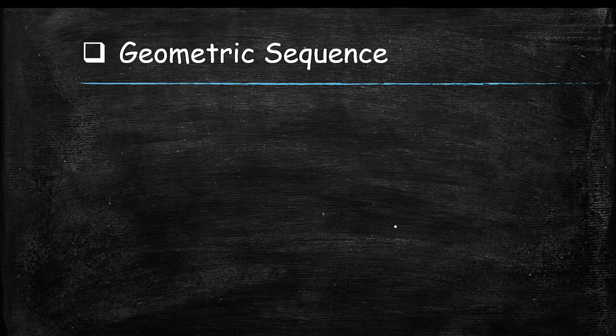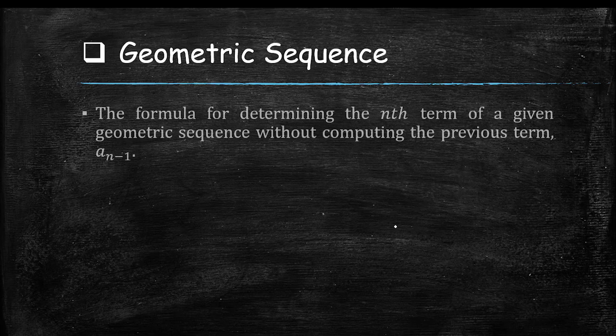So the geometric sequence, this is part 2 of the discussion on geometric sequences. The formula for determining the nth term of a given geometric sequence without computing the previous term: a sub n is equal to a sub n minus 1 times r, or a sub n is equal to a sub 1 times r raised to n minus 1.